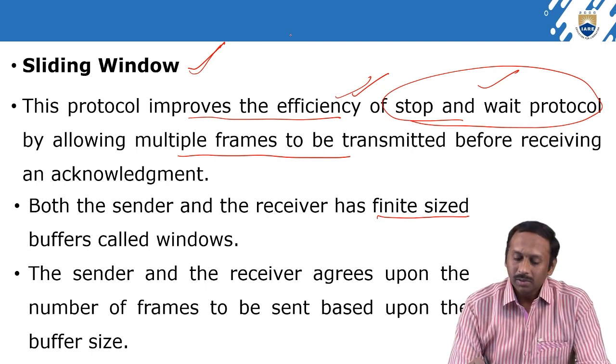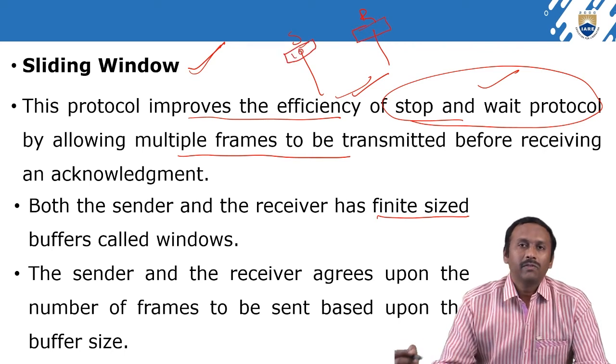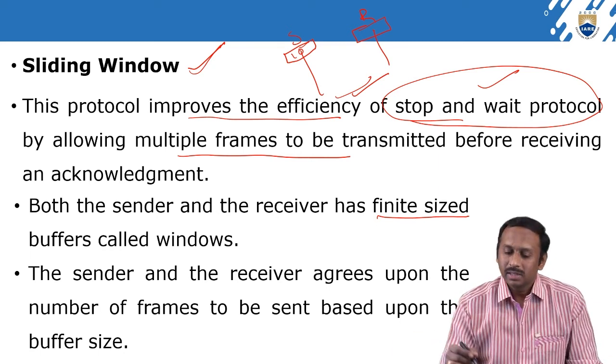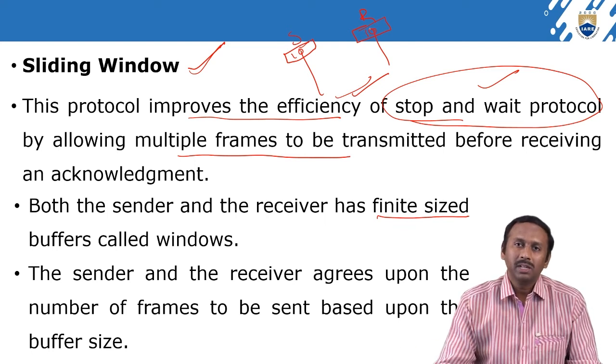For example, if the sender buffer size is such that the sender can store 10 frames, assume that the sender can store 10 frames. At the same time, the receiver can also store 10 frames in a buffer.